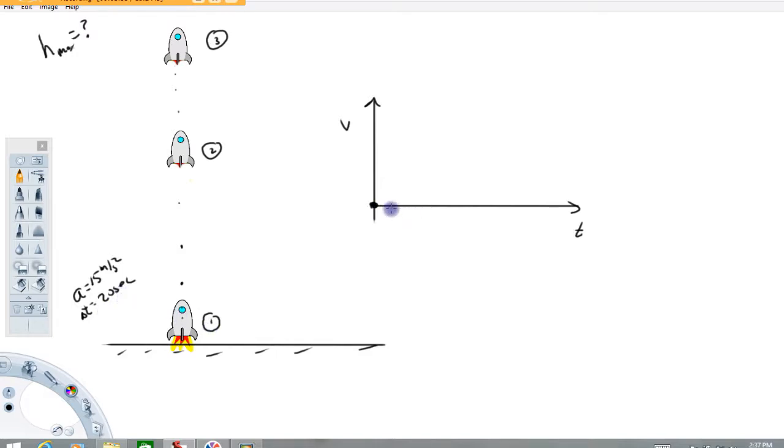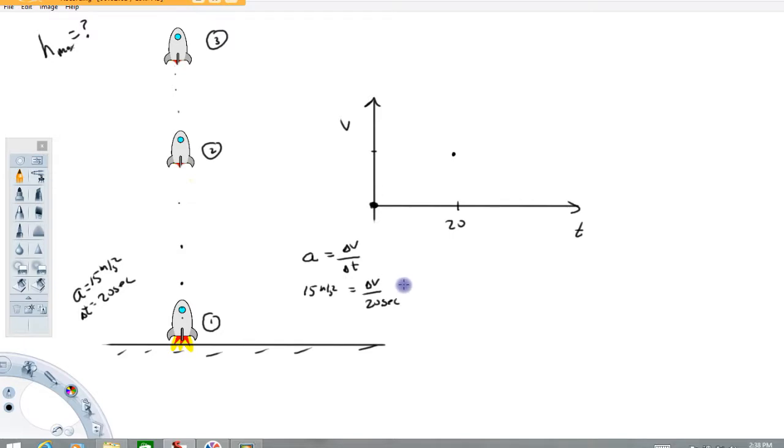20 seconds later on the graph, the rocket's going to have a reasonably substantial velocity. I can calculate that a couple different ways. One would be this: we know that acceleration is equal to delta v over delta t. The acceleration is 15 meters per second squared, and the delta t is 20 seconds.